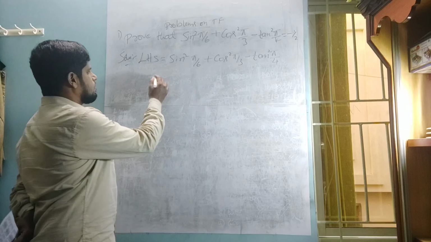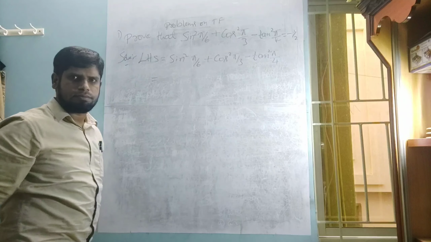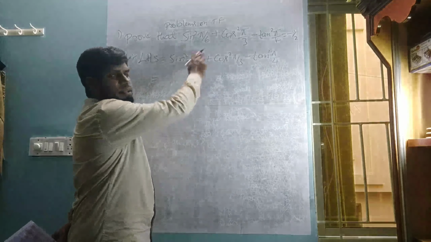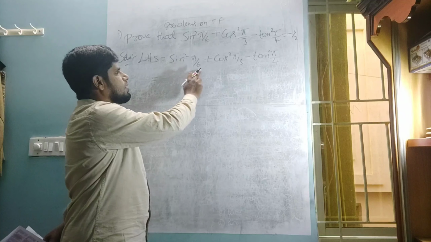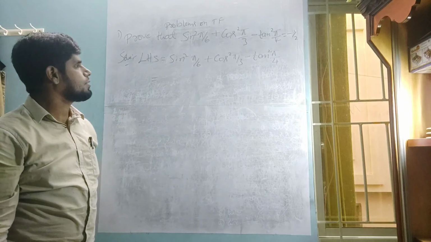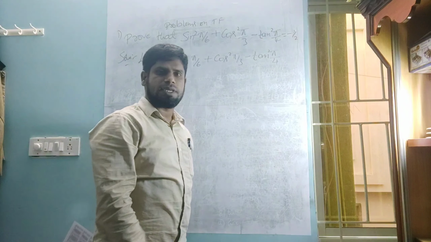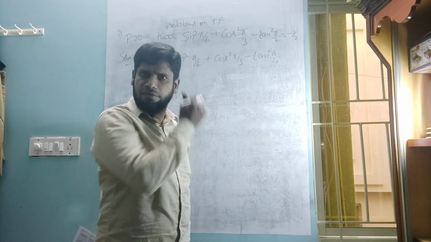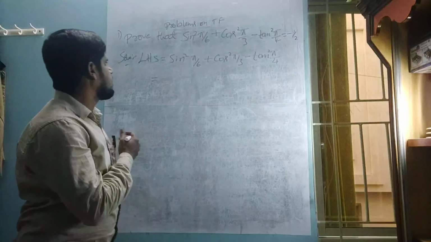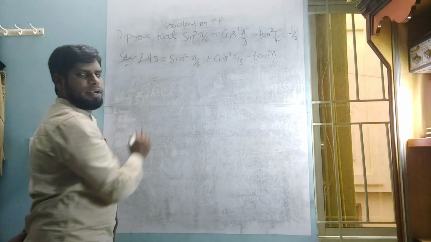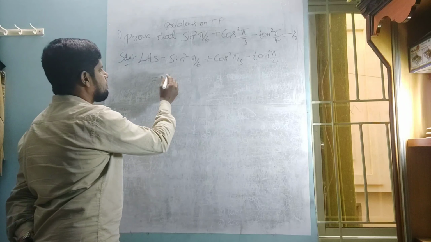Okay, we know pi is nothing but 180 degrees. If I divide by 6, I get 30. So sine 30 degrees. In the trigonometric table, we studied the angles and the values of those angles. For sine 30 degrees, the value is half.